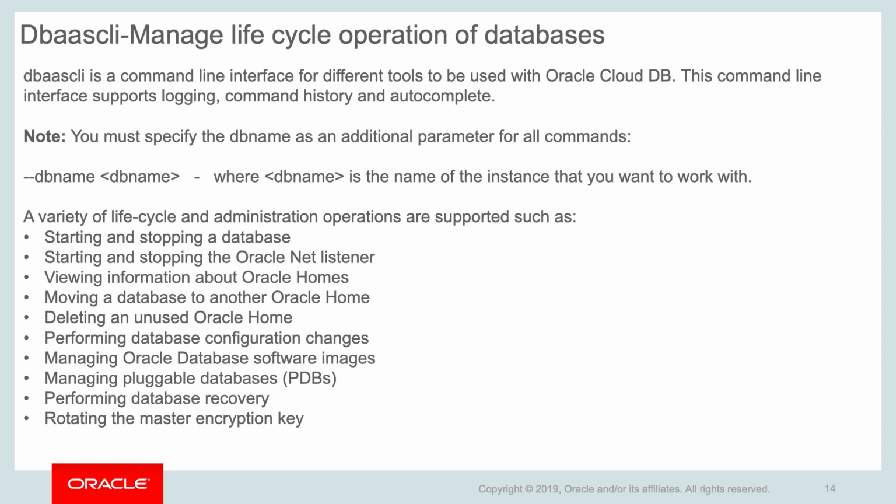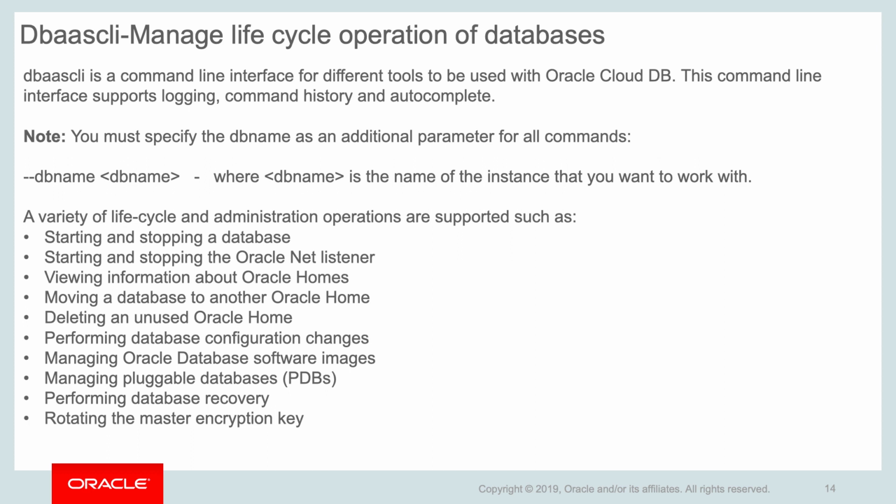So Dbaascli is not necessarily unique to ExaCS only. This is an API, and it definitely supports other databases, like Autonomous, or another database running on Oracle Cloud Infrastructure. But we will take a look at what it can do in terms of ExaCS.